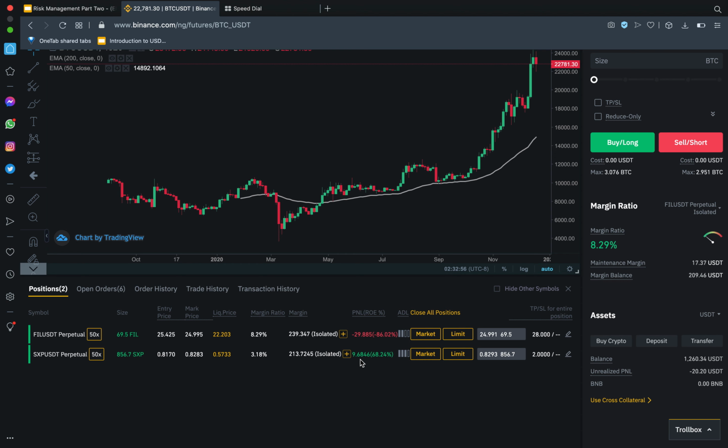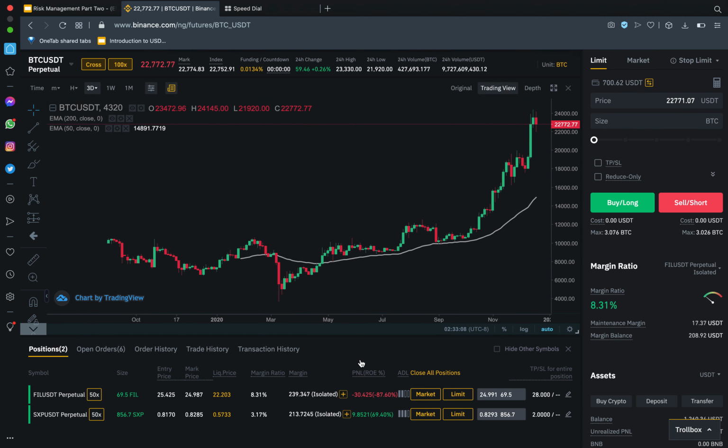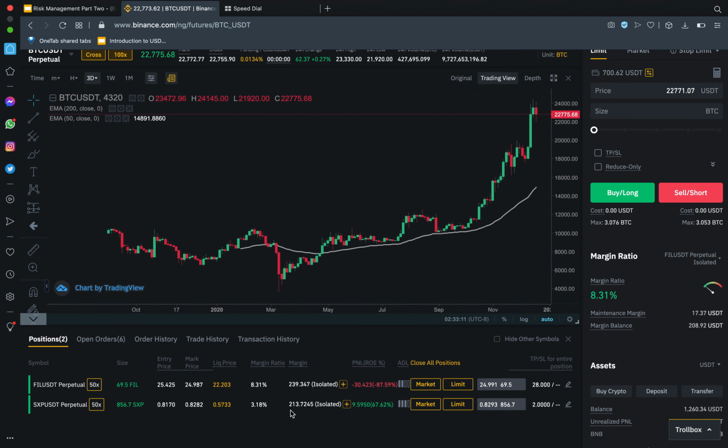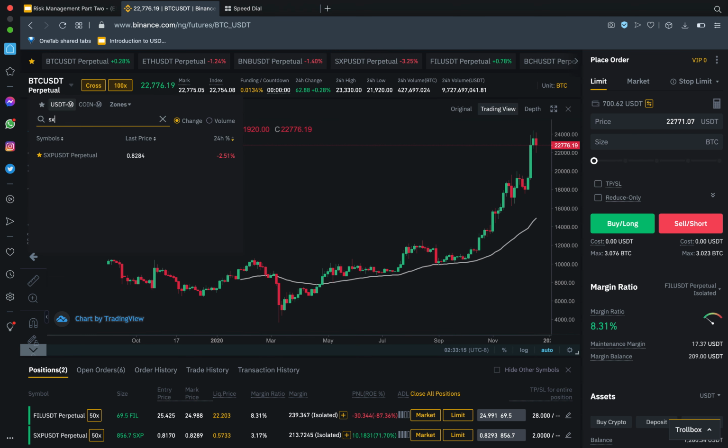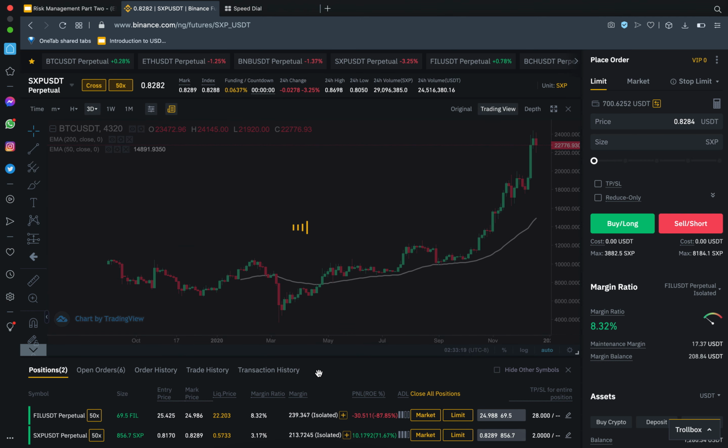Now if you're trading with isolated margin on Binance, you have to be very careful. Most times when you enter a trade with isolated margin, your position size is just the amount that will be left in the margin. Let's say in this case for XSP, I want this to be very practical for beginners out there.